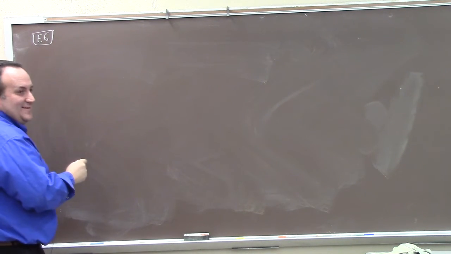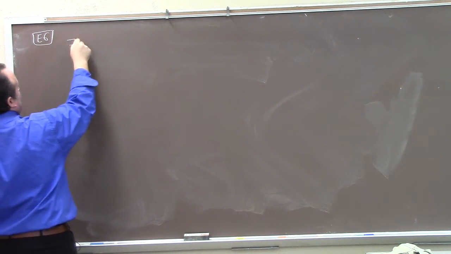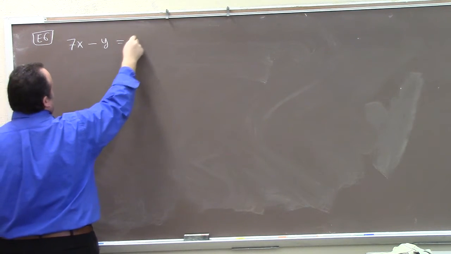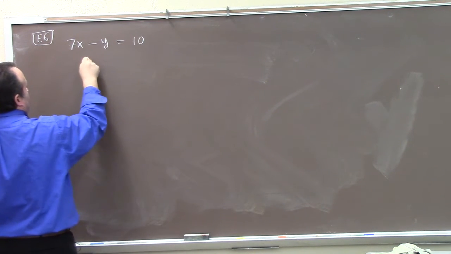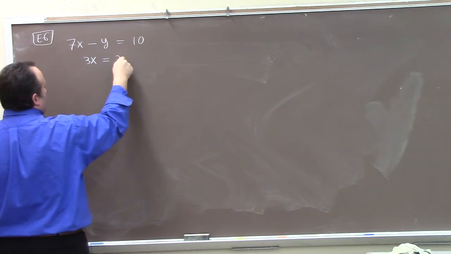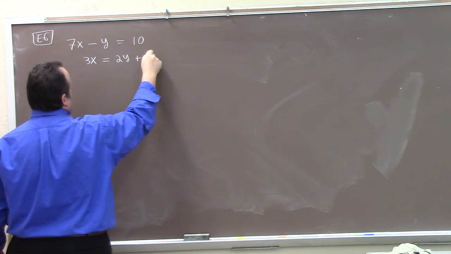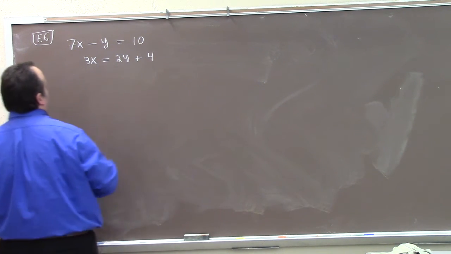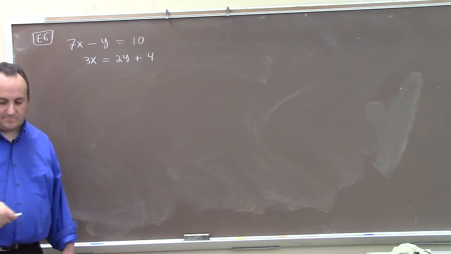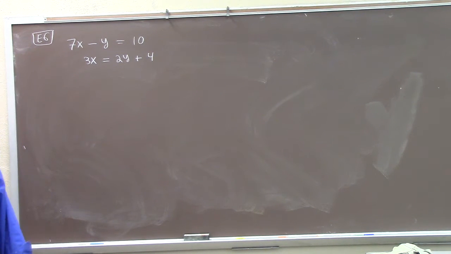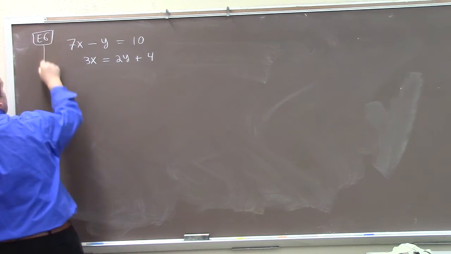Example 6. Sorry, I'll behave. So what if we got 7x minus y equal to 10, and then 3x equal to 2y plus 4. Here's 2 equations, 2 unknowns. Let's solve this. What's the first thing you do?